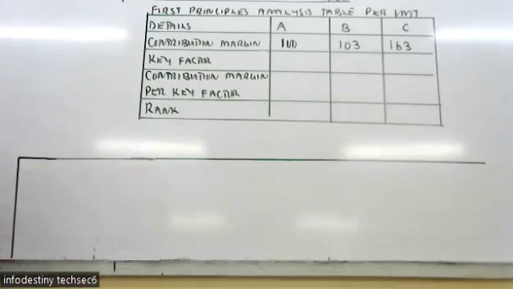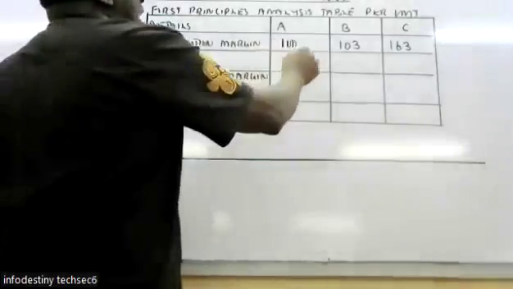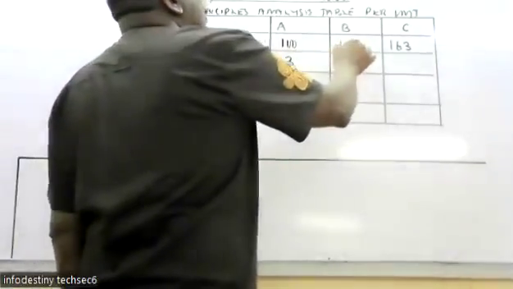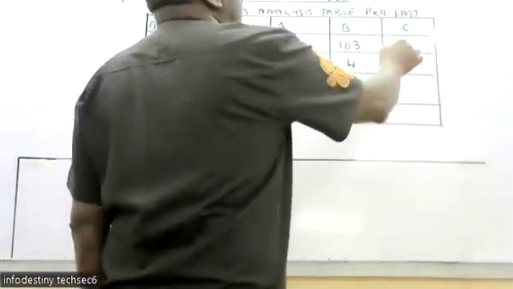A tulikuwa tumepata iko na how many hours? 3. B ilikuwa na 4. Na huyu mwingine alikuwa na 5.5.